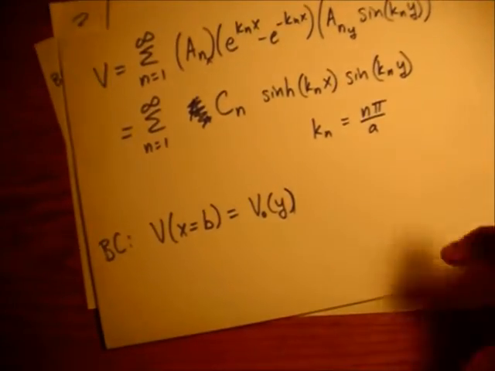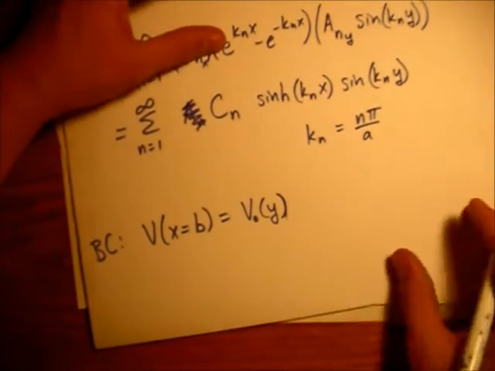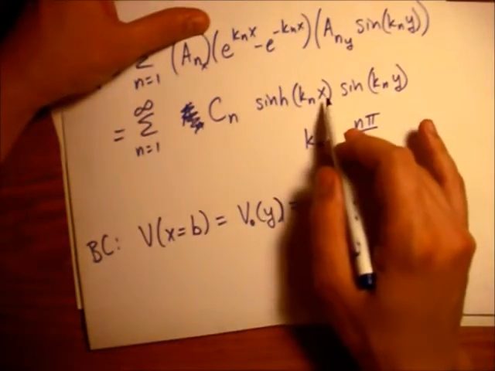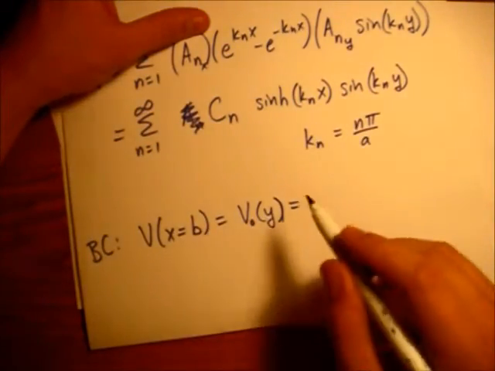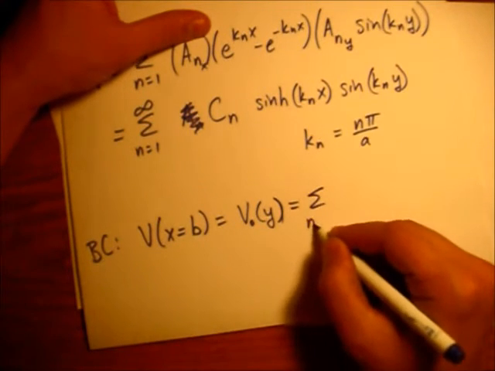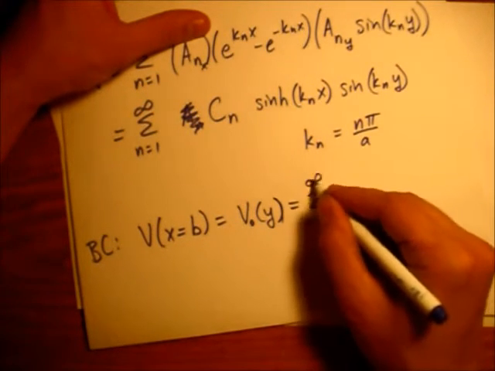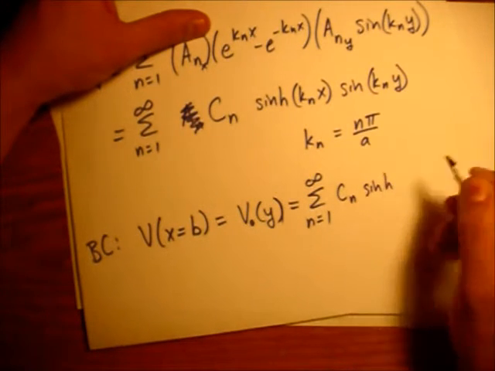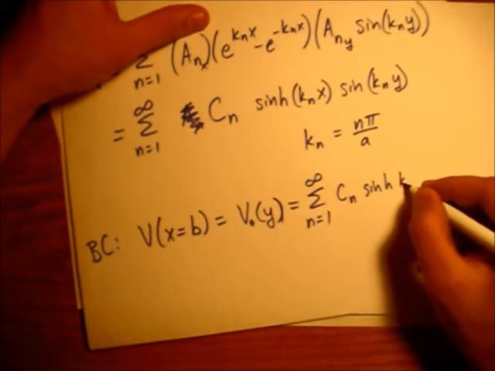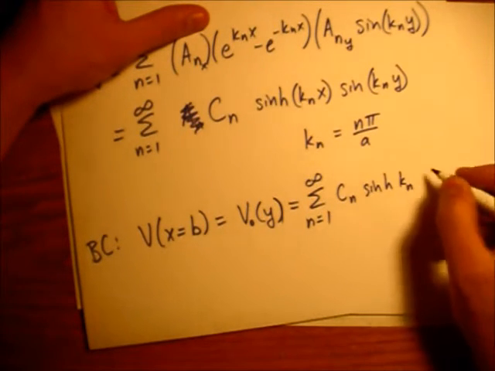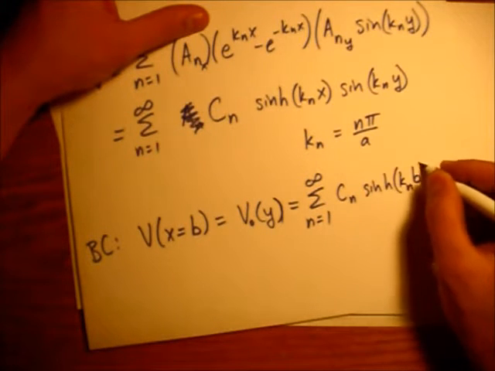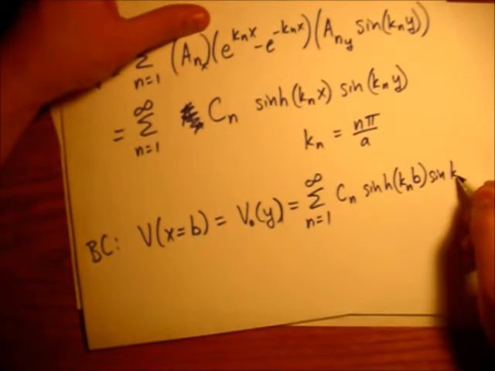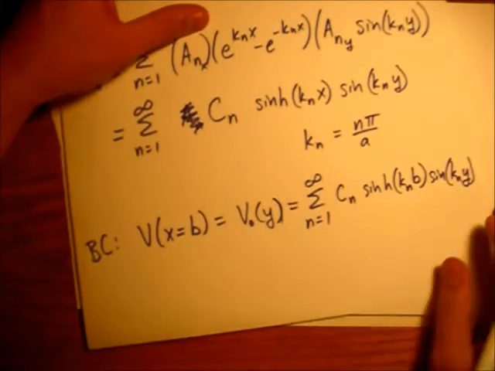Let's write this plugging in b for the x: hyperbolic sine, plugging in b for the x here, and then it's multiplied by normal sine k sub n y.